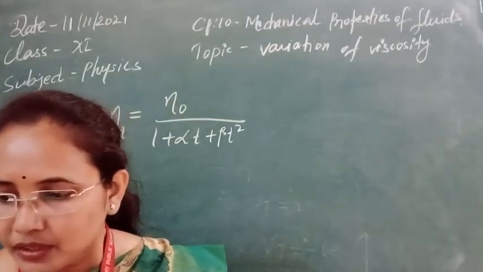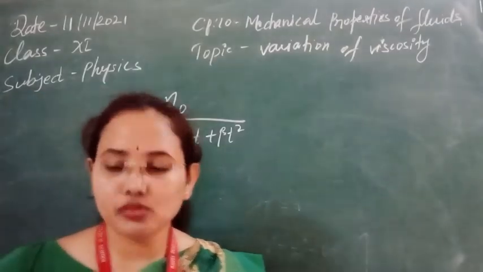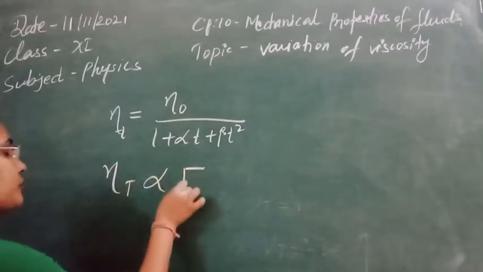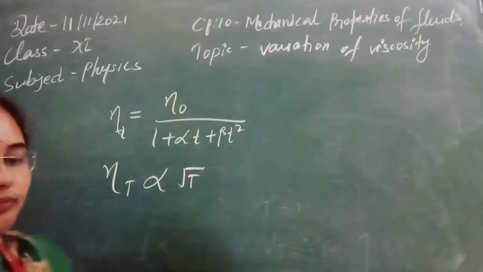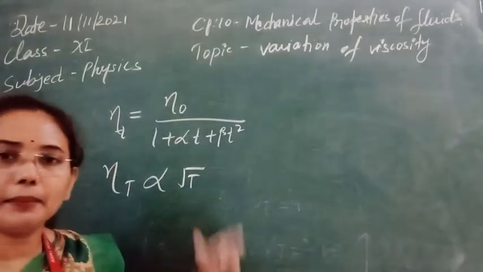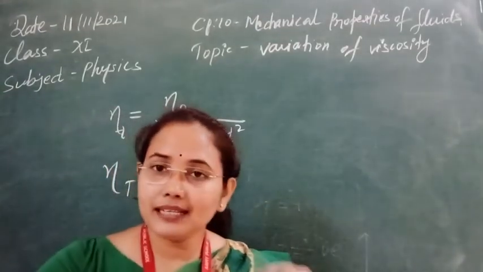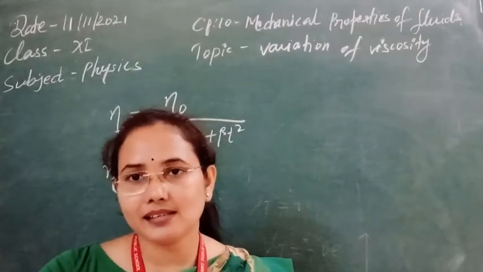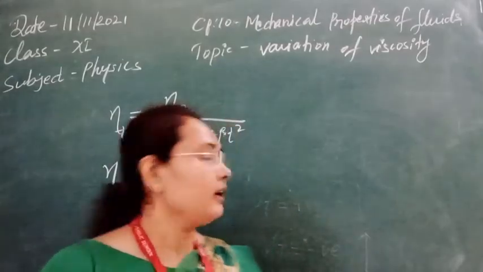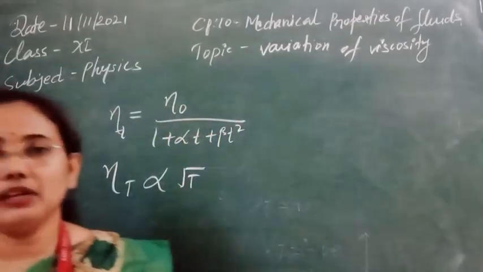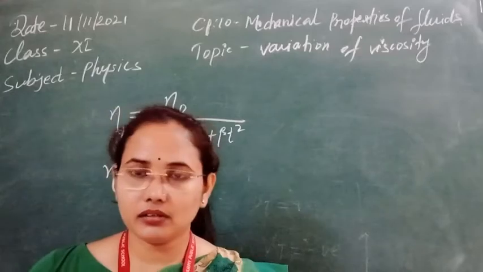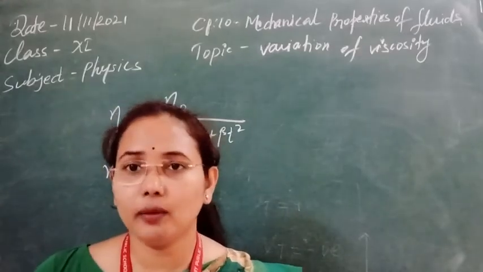The reason is that the viscosity of a gas is directly proportional to the square root of the temperature, because the velocity of the gas is directly proportional to root T, and viscosity is directly proportional to relative velocity. So as velocity increases with temperature in a gaseous medium, relative motion increases, and due to that the viscosity of the gaseous system increases. You have to read them separately, because they show different kinds of properties.